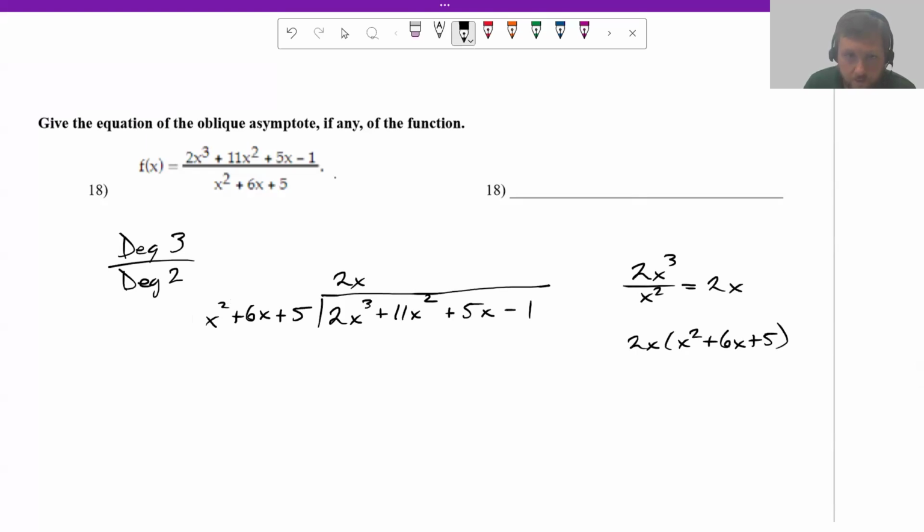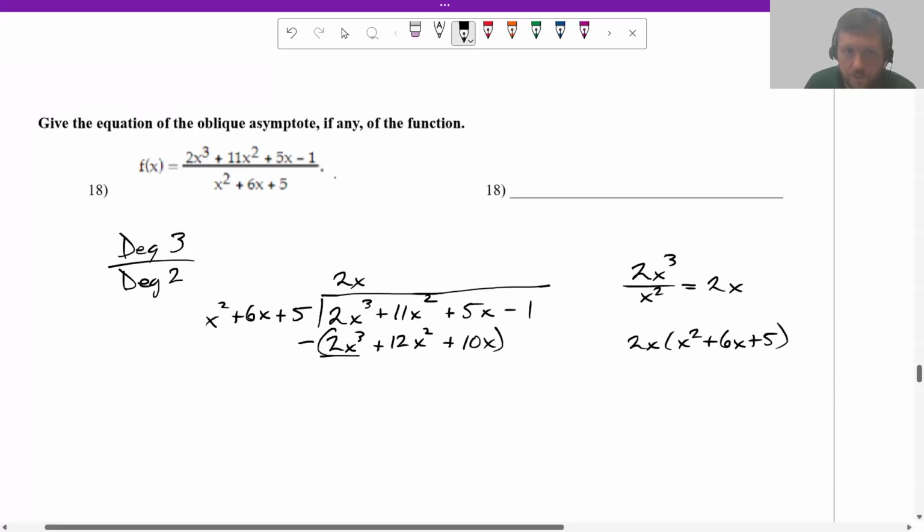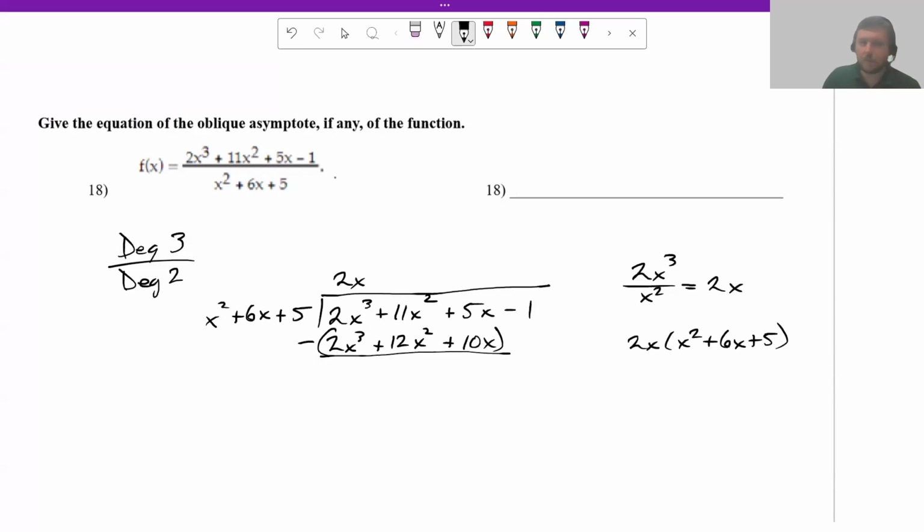So I get 2x cubed plus 12x squared plus 10x. But I need to subtract that. There's a few ways of handling that. I'm just going to put parentheses around that, so I have to think about the opposite sign.